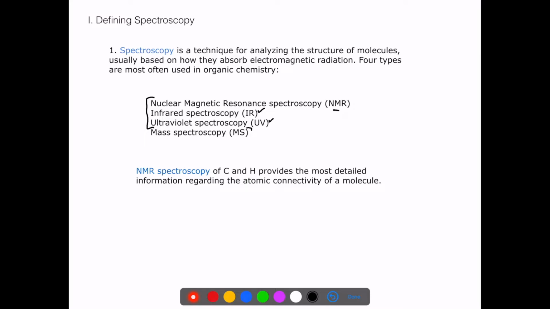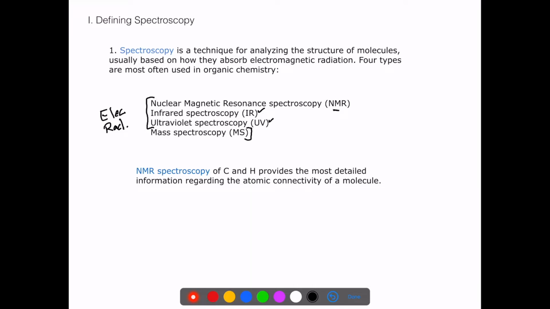Mass spectrometry, or spectroscopy, is built on a different technique than these three. These are all basically electromagnetic radiation, light-like radiation. Mass spec, MS, is a little bit different.